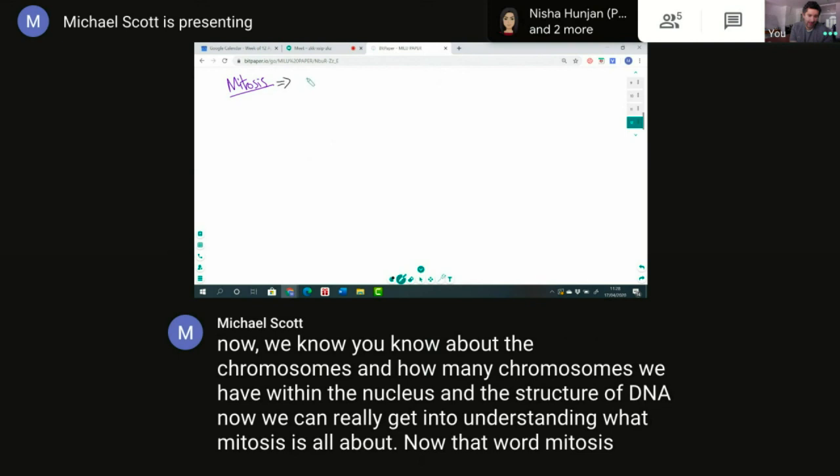We also need mitosis for repair. We may damage a number of our cells. We scrape our skin, and we need to repair those damaged cells. And our cells are repaired again through mitosis.